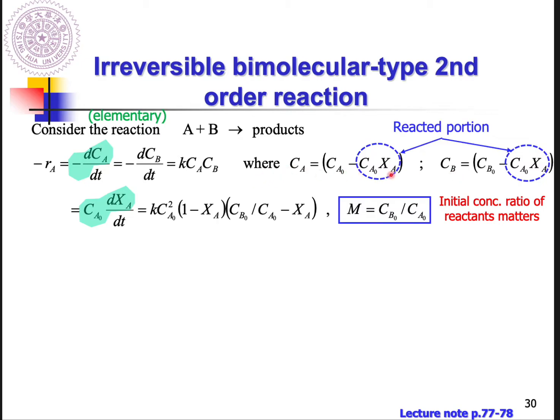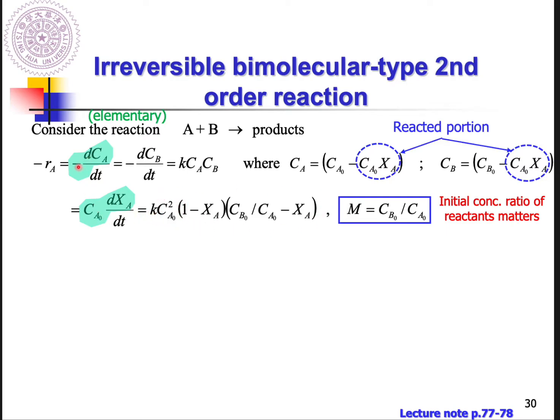So we are going to use these two terms to substitute CA and CB. And we also have a CA0, so we take CA0 out. So we got CA0 squared, and also (1 minus XA)(CB0 over CA0 minus XA). So we got this term.